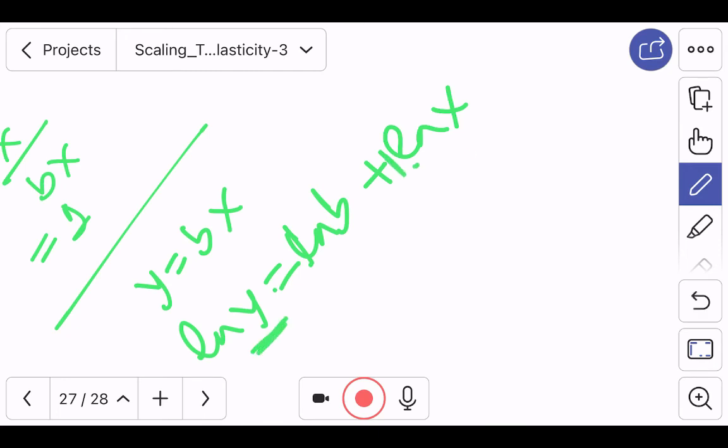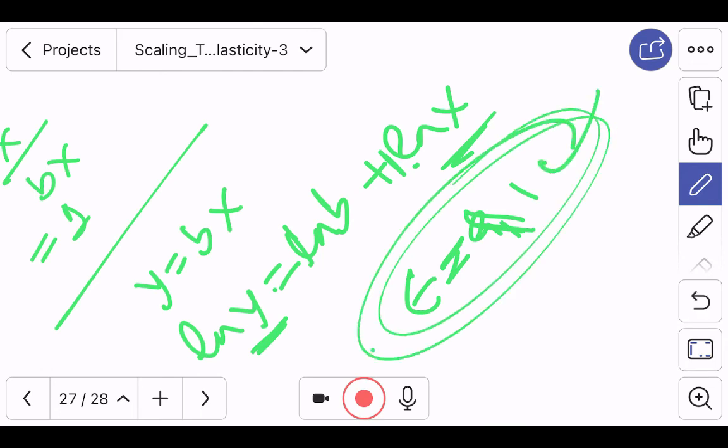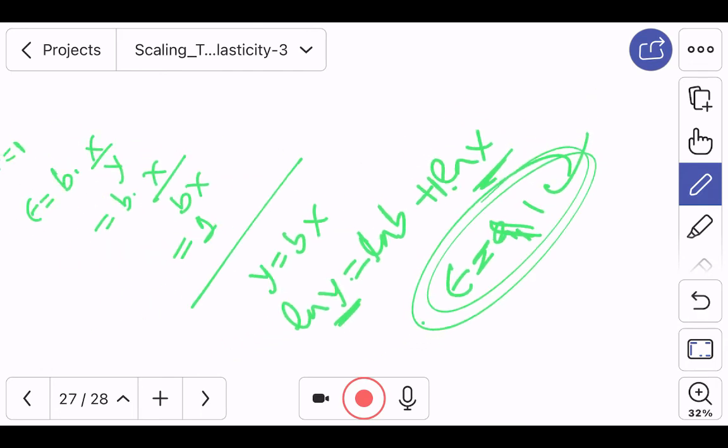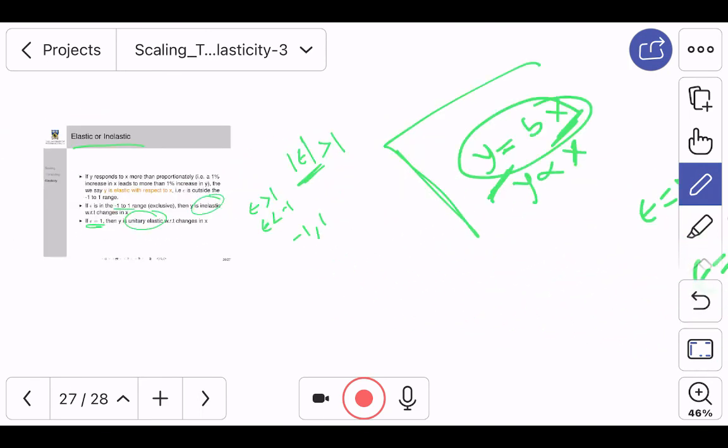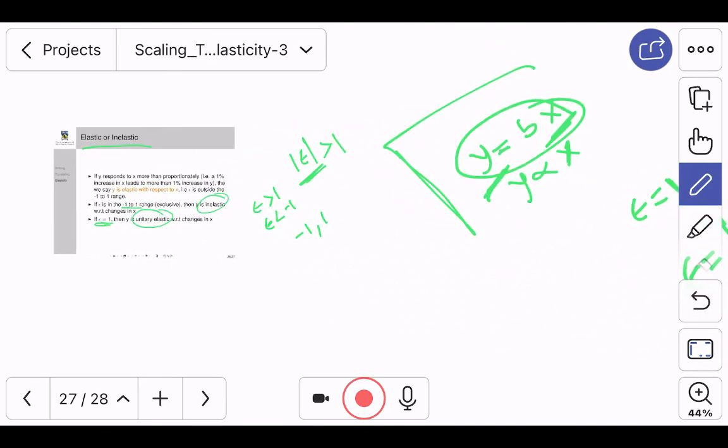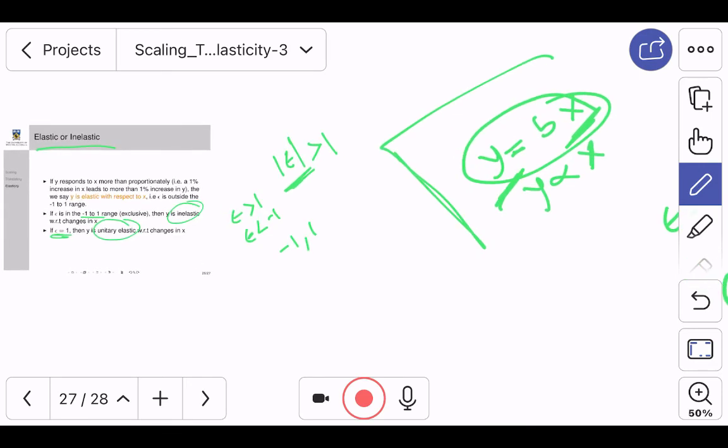So this is a log-log, and we know in a log-log, the slope, which is what we called a1 before, but is now 1, is our elasticity. So that's unitary elastic, if you are curious. So that's how it works. And elasticity is a unitless measure, can be calculated easily for different functional forms.